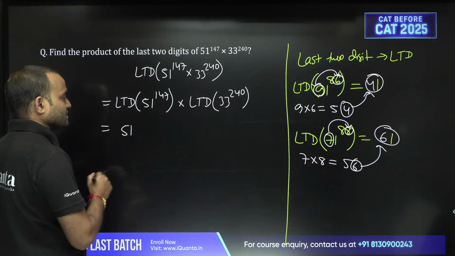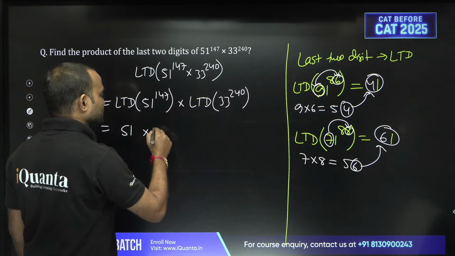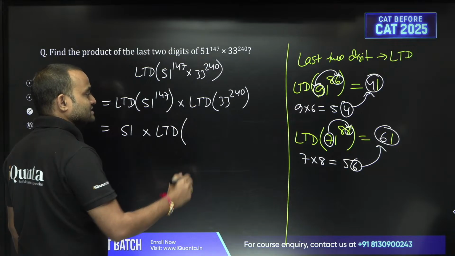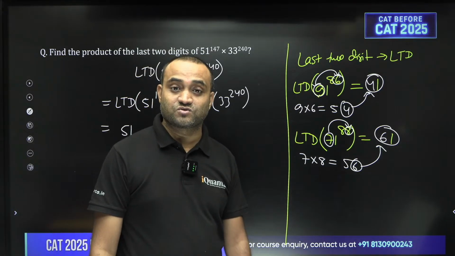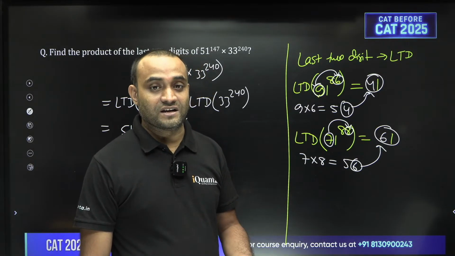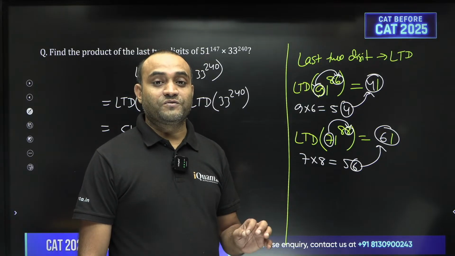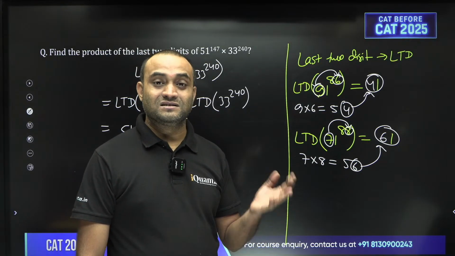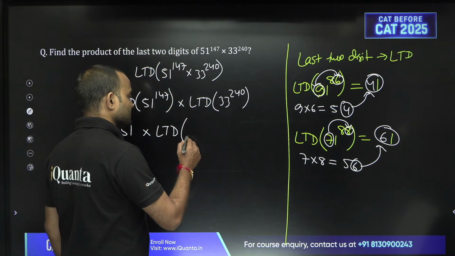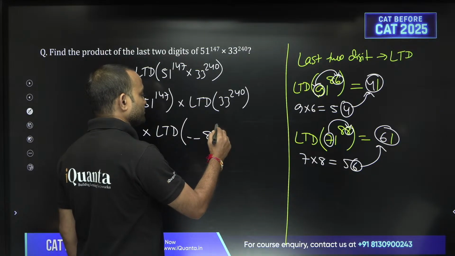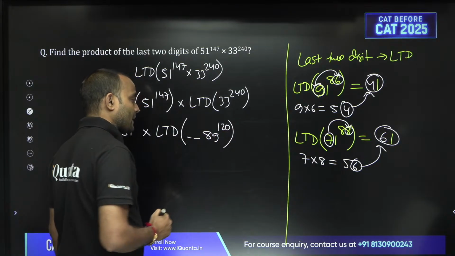So, ये 5 आ जाएगा into इसका last two digit क्या होगा? Can I write this 33 square? What is 33 square? You don't need to find that. Last two digits of 33 square will be same as 17 square, which is 89. So, 89 to the power 120, right?